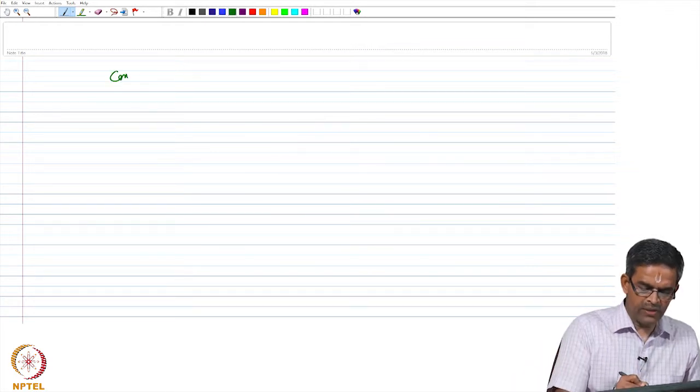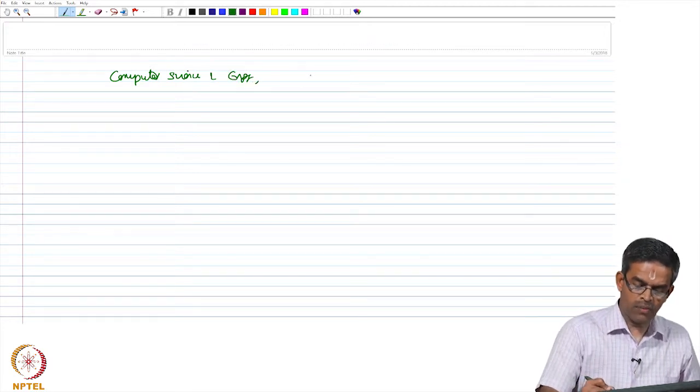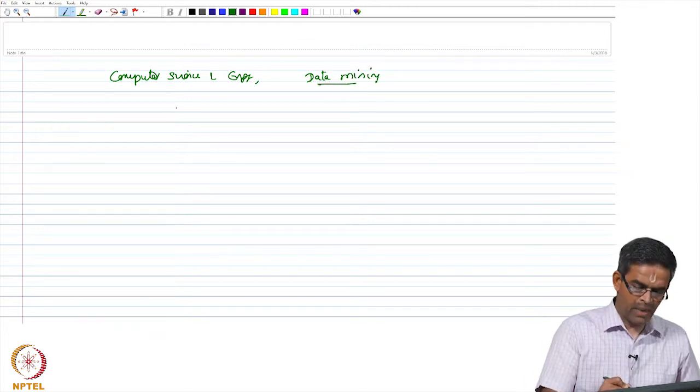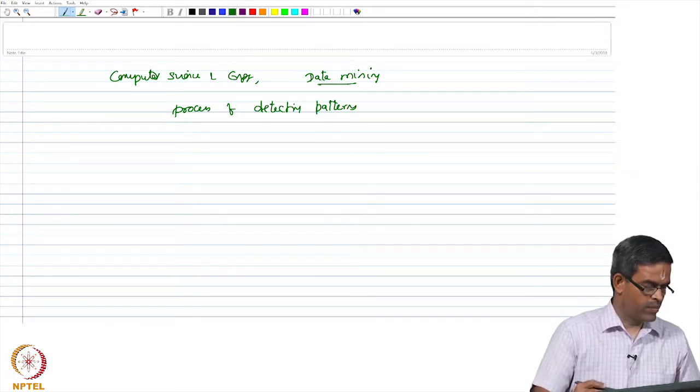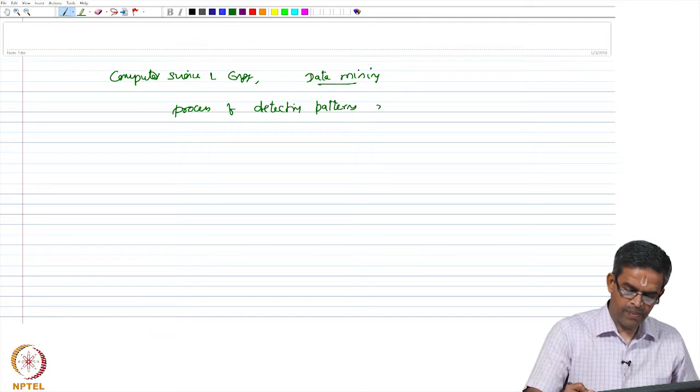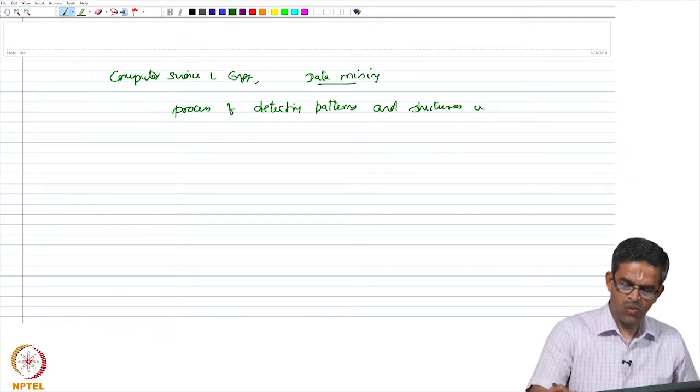In computer science and engineering, we use a common term called data mining. Now, what is data mining? Data mining actually is the process of detecting patterns and structures within the data.